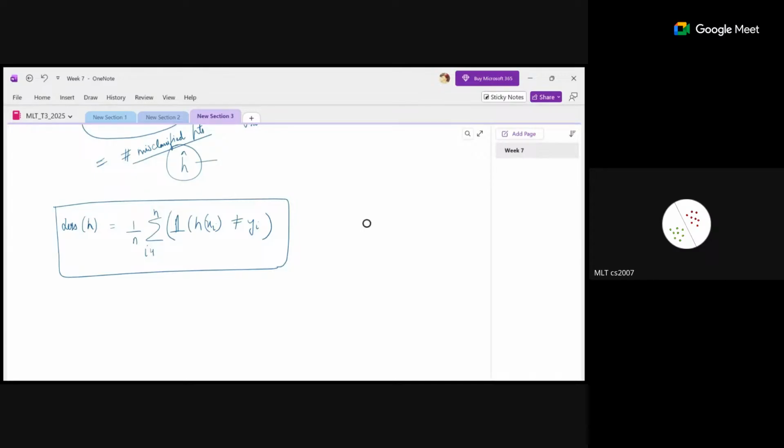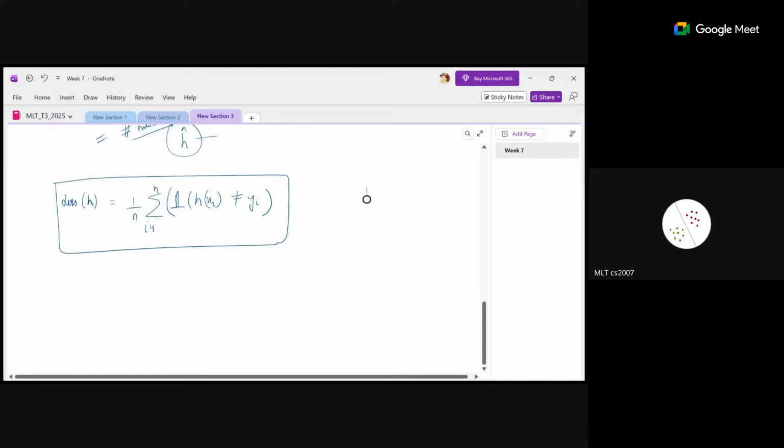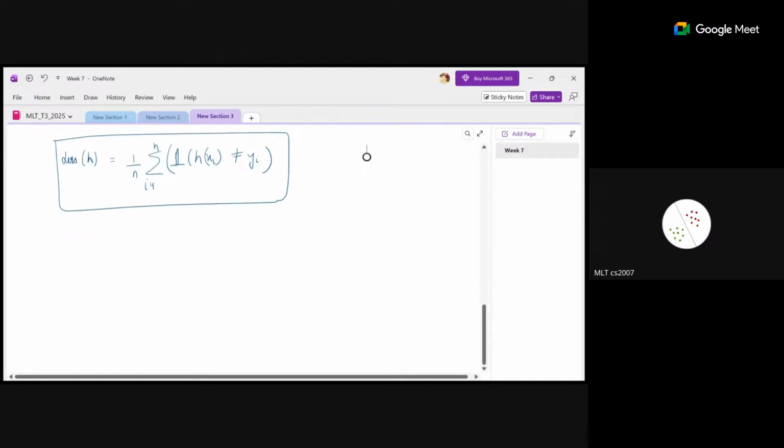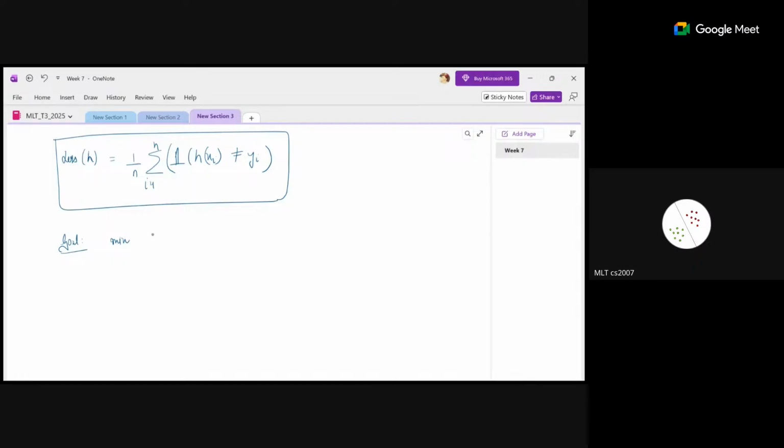So my goal would be to minimize this loss, let's call it L, where h should be my h linear.